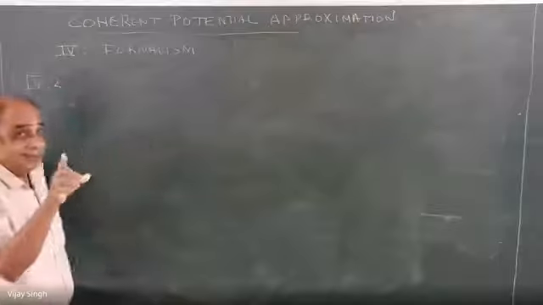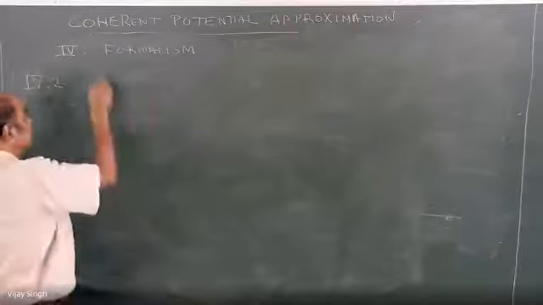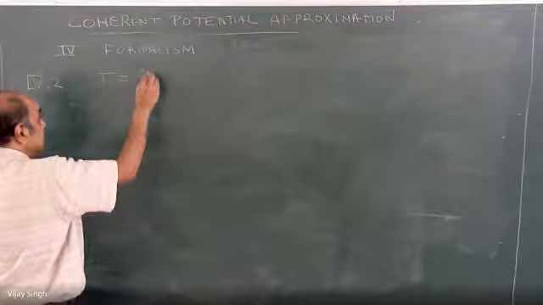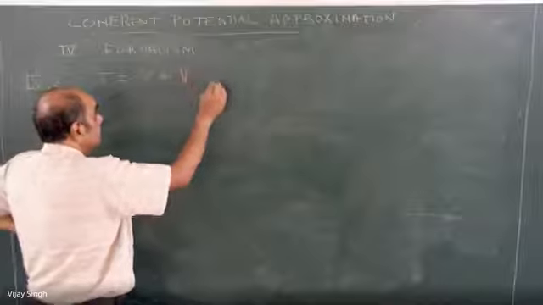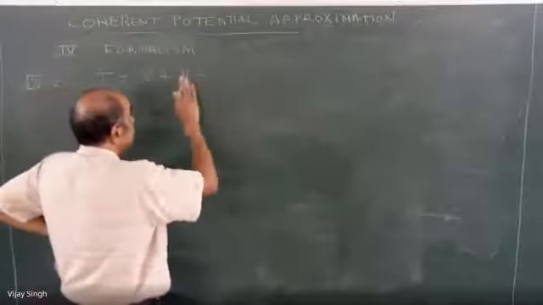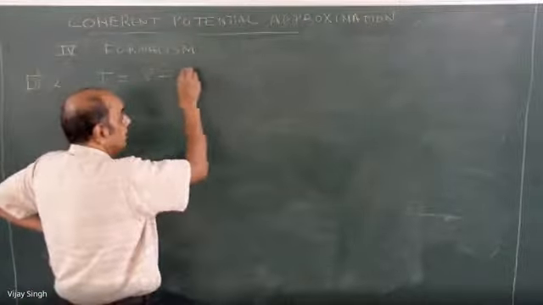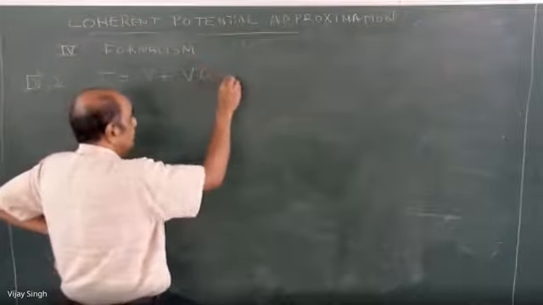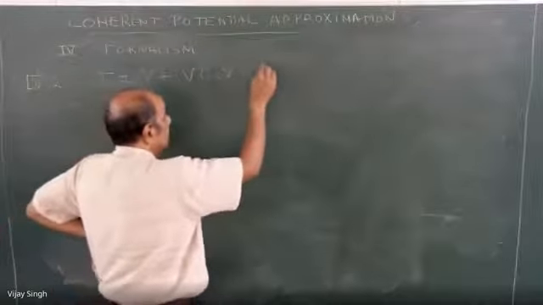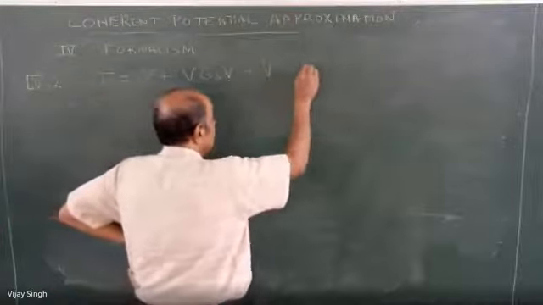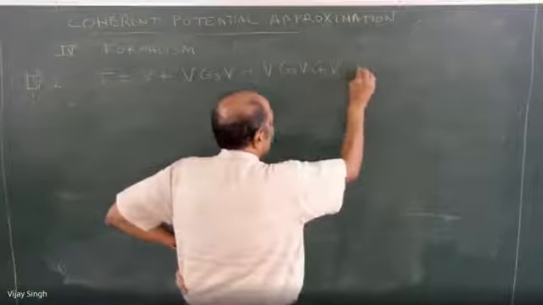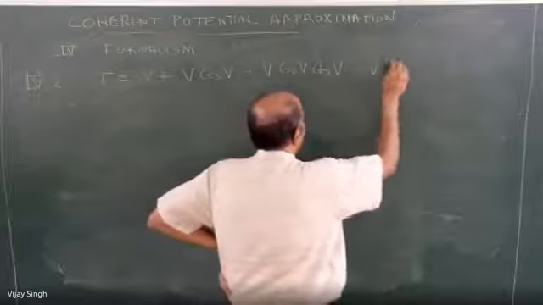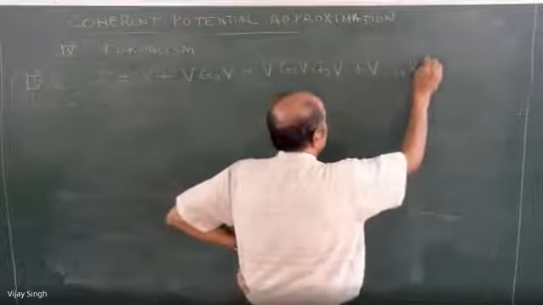So let me look at T. T is equal to V plus V G0 V plus V G0 V. You don't have to take all of this. I think you should. In fact, if you're taking notes, then you take this.